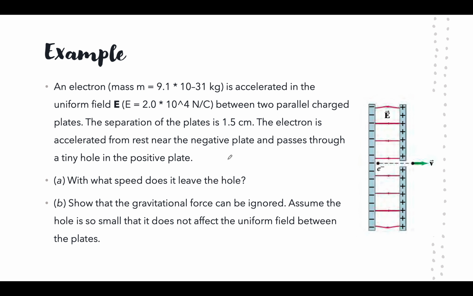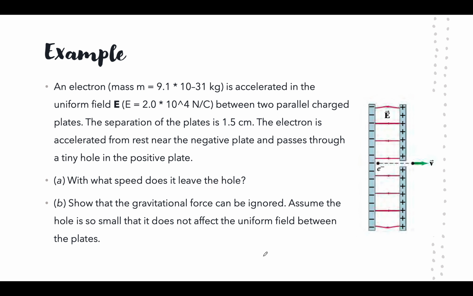All right, welcome back. Well, as we just learned, anywhere in between the parallel charged plates, the force is constant, which means that an electron here is going to feel a constant force, and therefore a constant acceleration. Okay, so if we need to find the velocity, then we need to find the acceleration.